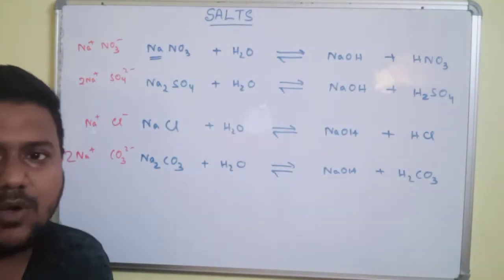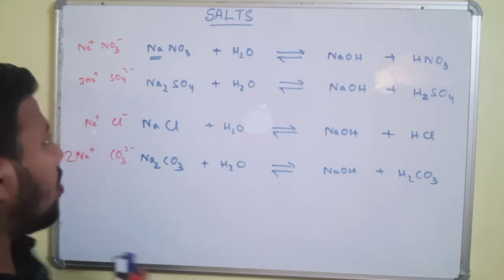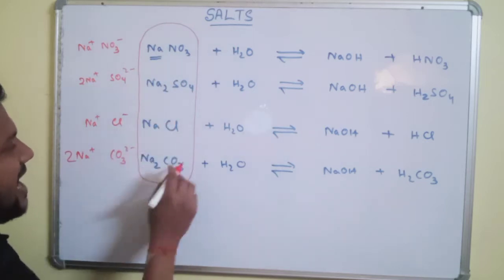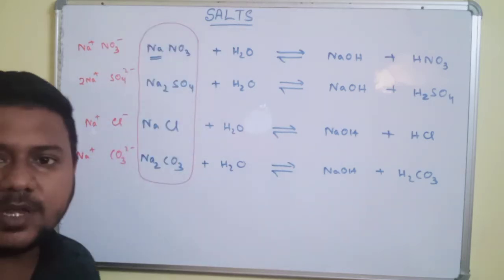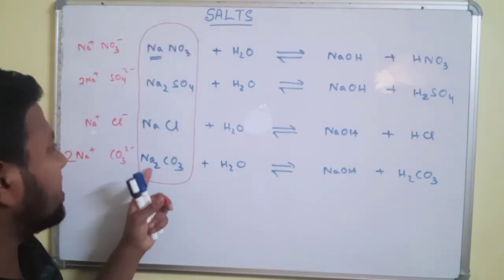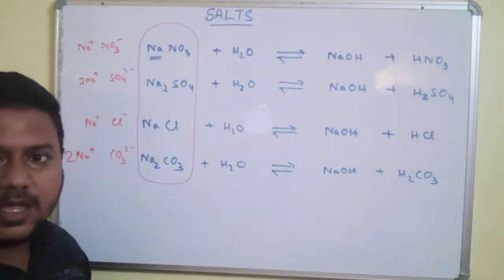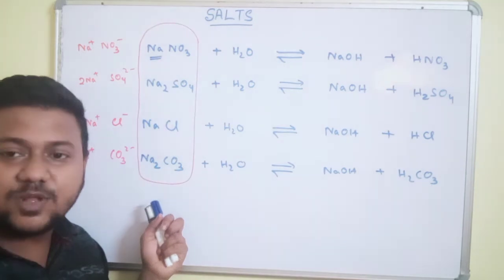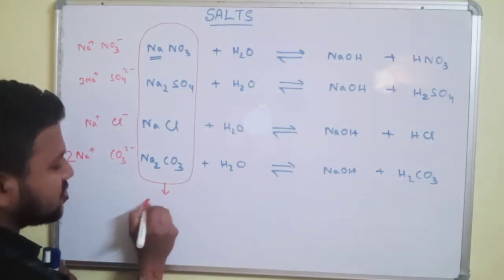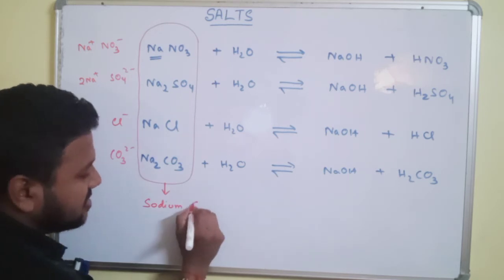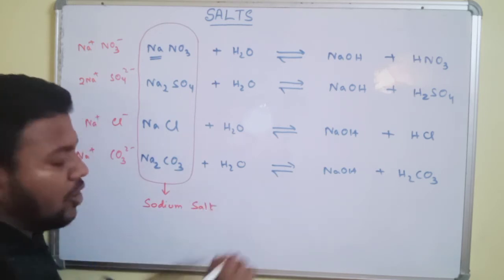Now we will observe that all these salts have a particular ion in common: the sodium ion. So these salts will be called sodium salts. In this way we distinguish particular families of salts.